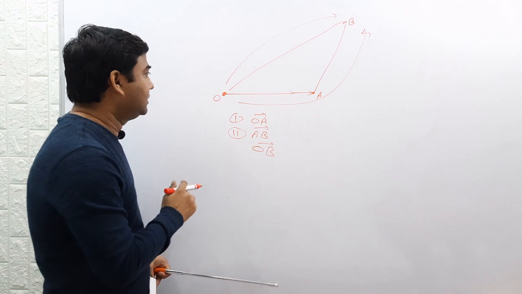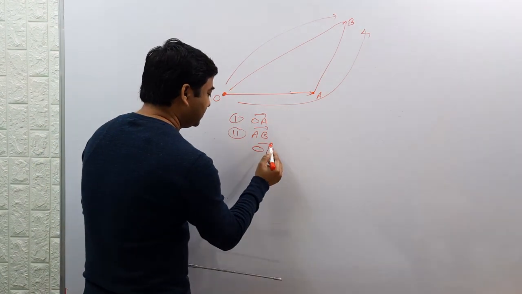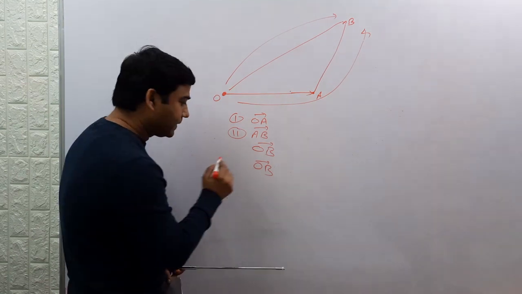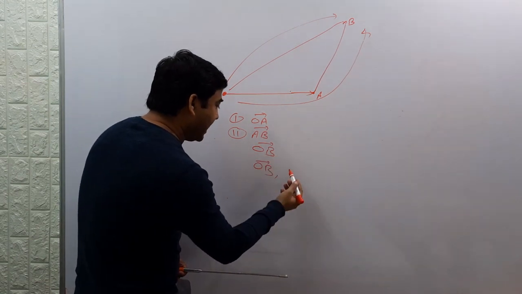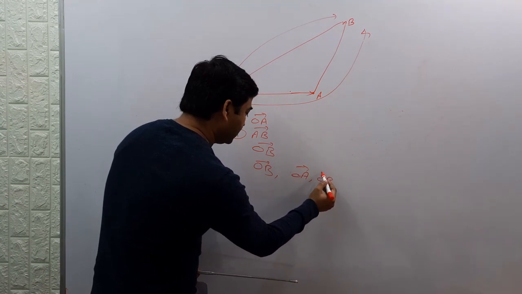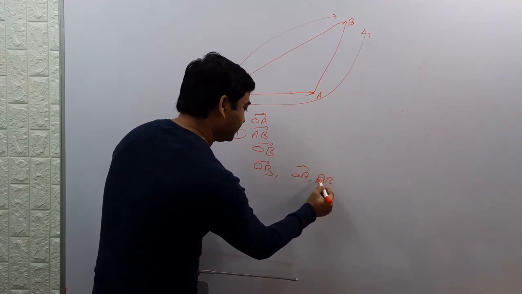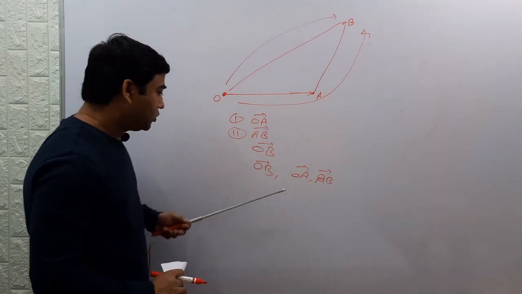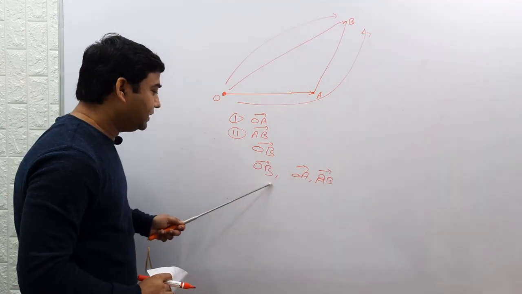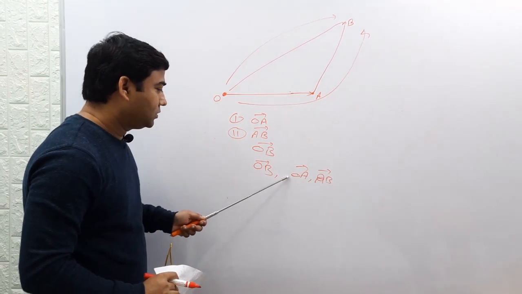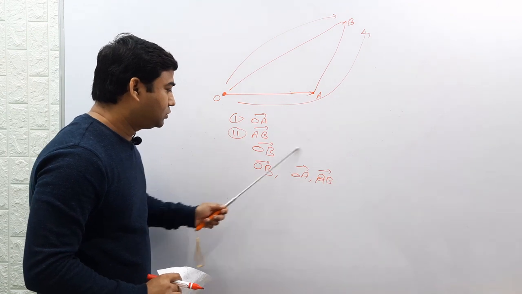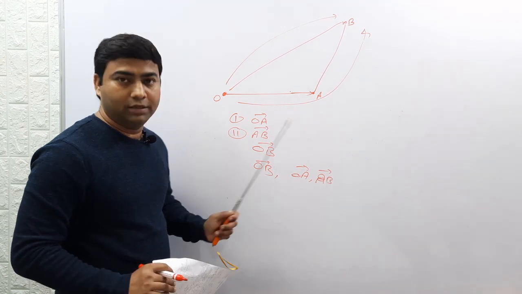So we can say this displacement OB is the addition of OA and AB, because this displacement vector is equivalent and gives the same end effect as when these two vectors are jointly considered.